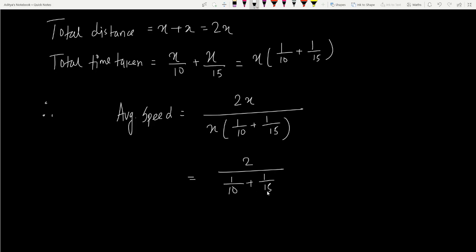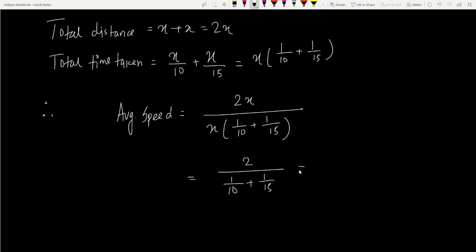And you can see this is basically the harmonic mean of 10 and 15, right? Because we have n by 1 by x1 plus 1 by x2. So whenever we have a problem where we are going to find the average speed over multiple durations, over multiple stoppages, where the cyclist goes to one place and then goes to another place, but the distances are equal, but using different speeds, the average speed over all durations can be found out using the harmonic mean of the speeds.